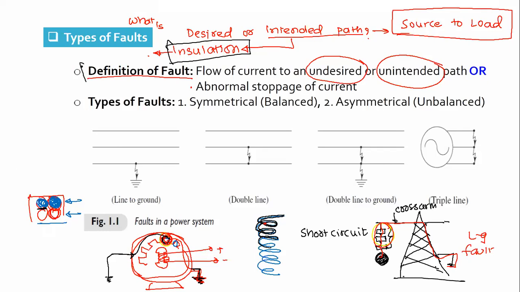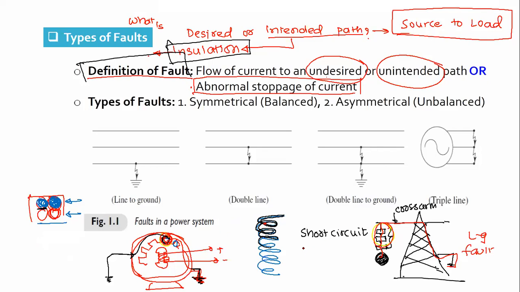So this is how, why the fault occurs. Okay, failure of insulation is the main reason, so that the current will be diverted to any other path for which it is not designed, or you can say abnormal stoppage of current. What is abnormal stoppage? Let's say there is an open conductor fault somewhere.